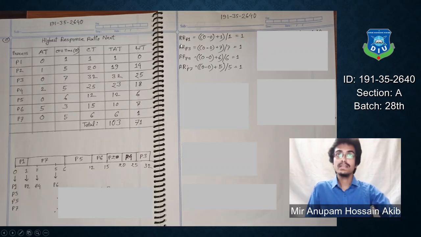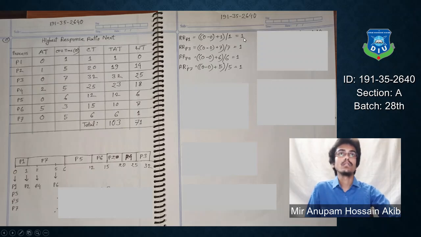For finding the response ratio, the formula is effective time minus arrival time plus service time, divided by service time. Using this formula, I have calculated the response ratio for each process.